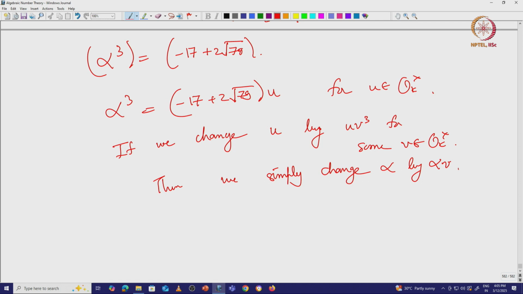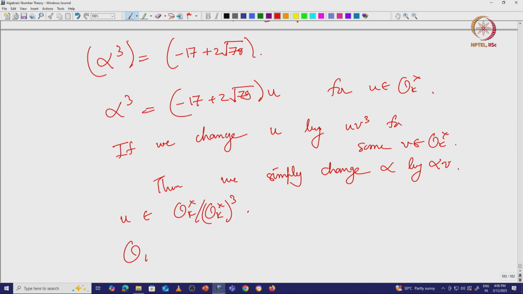We can do that. So u does not matter up to cubes. So, u belongs to OK cross modulo OK cross cubed.